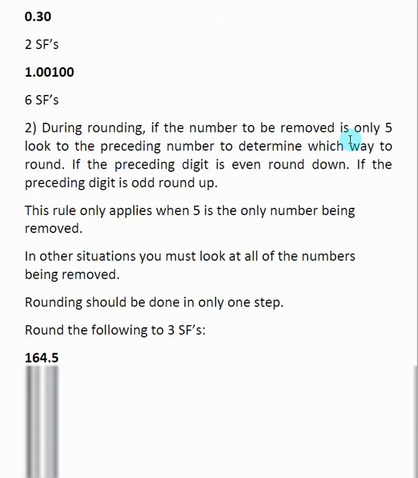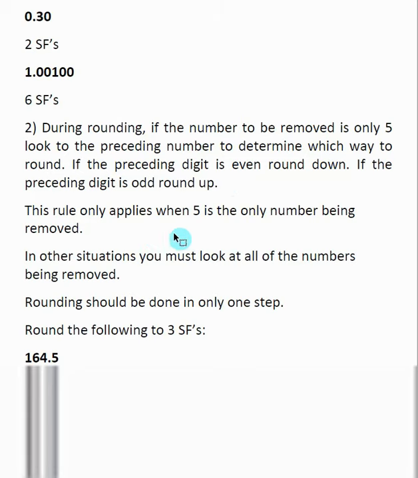If I'm trying to get rid of a 5, and only a 5, I have to look at the preceding digit to see, do I round up or do I round down? If the preceding digit is even, I round up. Or excuse me, if the preceding digit is even, I round down. If the preceding digit is odd, I round up. So this is just by convention. Everybody's agreed to do this, but it's important that we all agree on how we're going to do this.